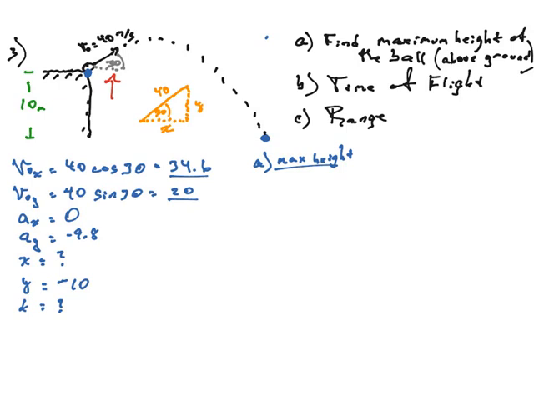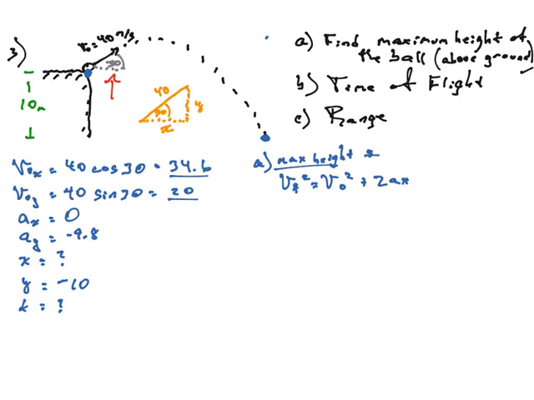So whatever equation I'm about to use better have distance, and it better only use y-directional information. And it turns out, every single time, we always use this equation, the second one. Vf squared is v naught squared plus 2ax. And we use it in y.